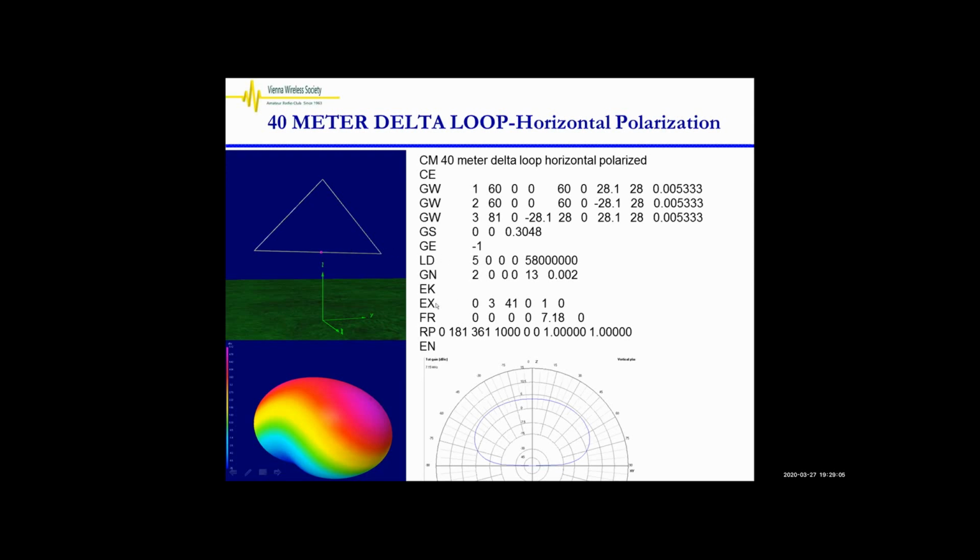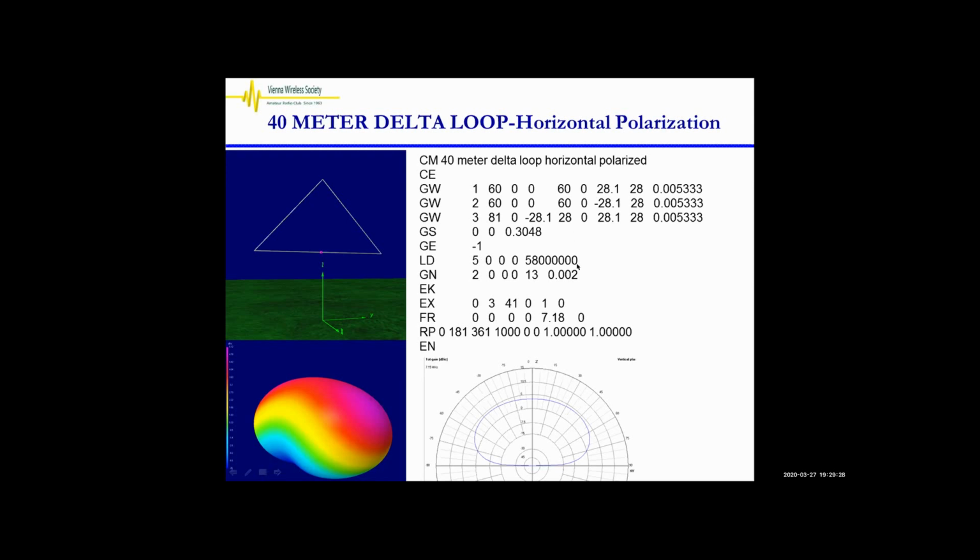And then EX is my excitation point. So I'm feeding it at 0, tells it I'm feeding 1 volt into the excitation point. 3 says I'm feeding wire number 3, this one here, okay? 41 means I'm feeding the 41st segment in my wire, which is the center one here.